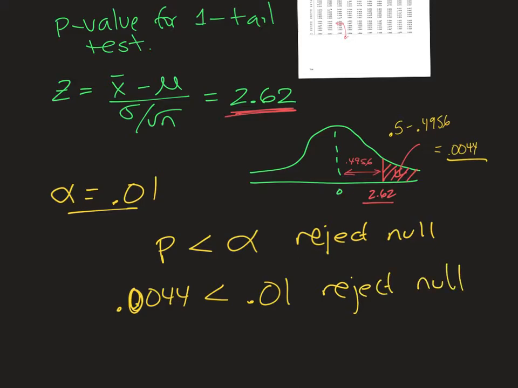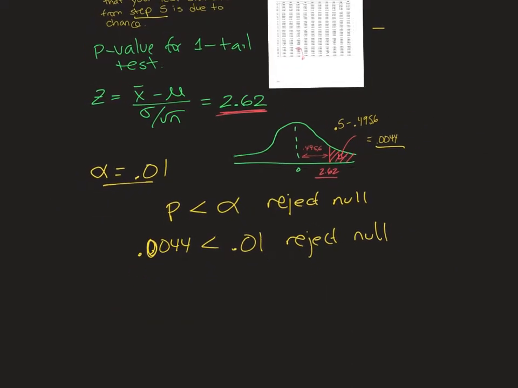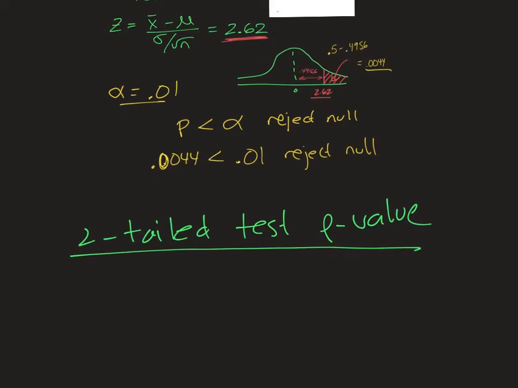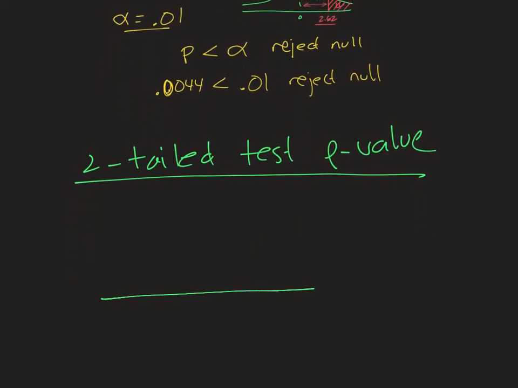Now what happens if we have a similar test except that it's a two-tail test? Let's set that up. So we have our two-tailed test p-value. Everything is pretty much the same as the one-tail test, except when you set up for finding the p-value, instead of just looking at one side, you're going to be looking at both sides of the distribution.